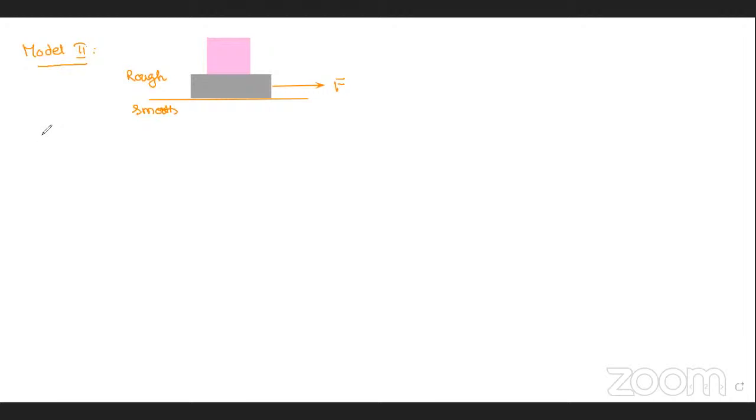Now in this model 2, coming to the explanation, better today I go this way. I think you may understand. Here, this is the upper block, and this is the lower block. The force is applied on the lower block.